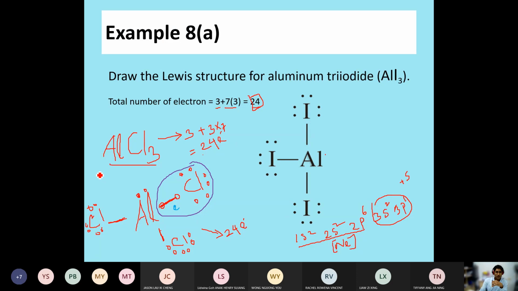If it gets 2 more electrons, then it will be stable in the outer shell. So for this desire to fulfill the octet, what this aluminium trichloride will do is, let me draw it another way.